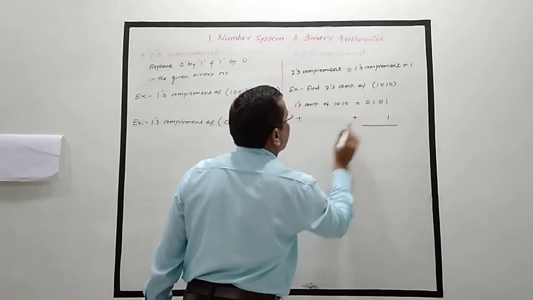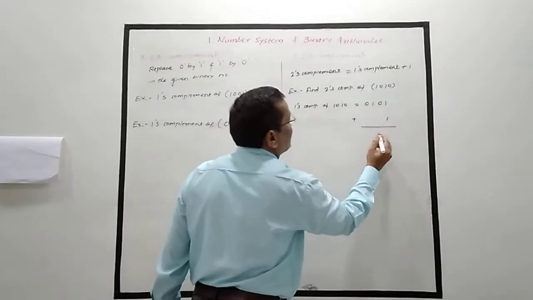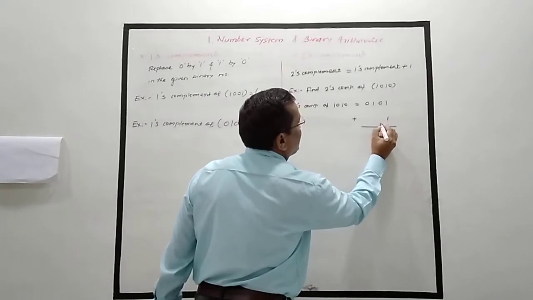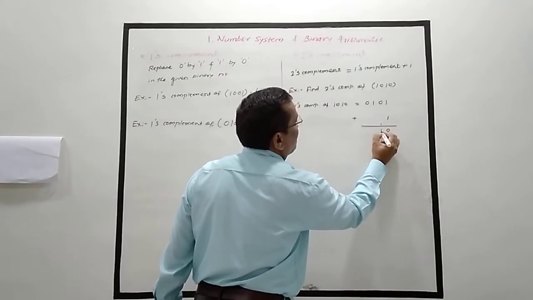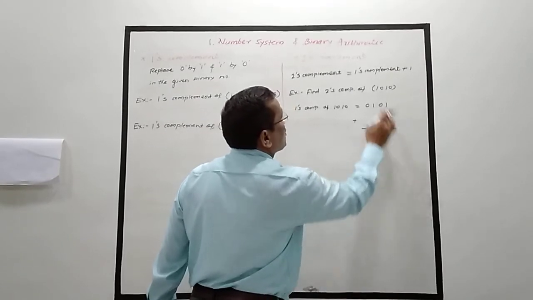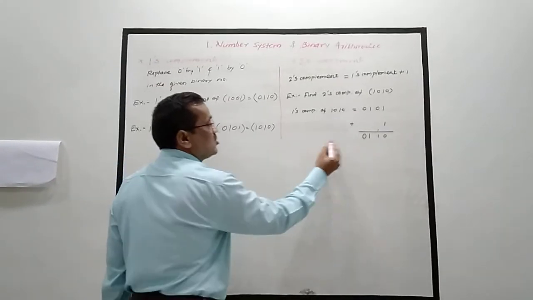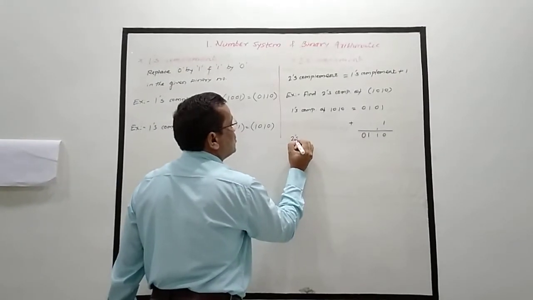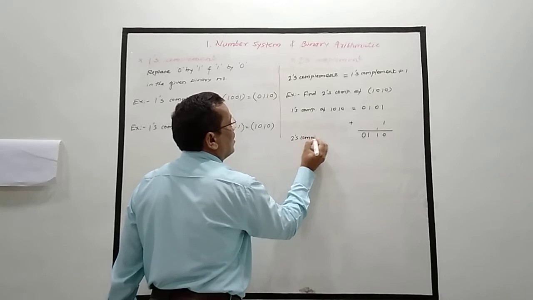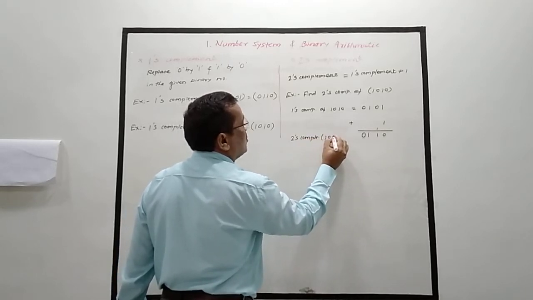We write the sign of addition. So adding 1 gives 0 with carry 1, which is 1, again 1 is 0. So this number is the 2's complement of 1010.